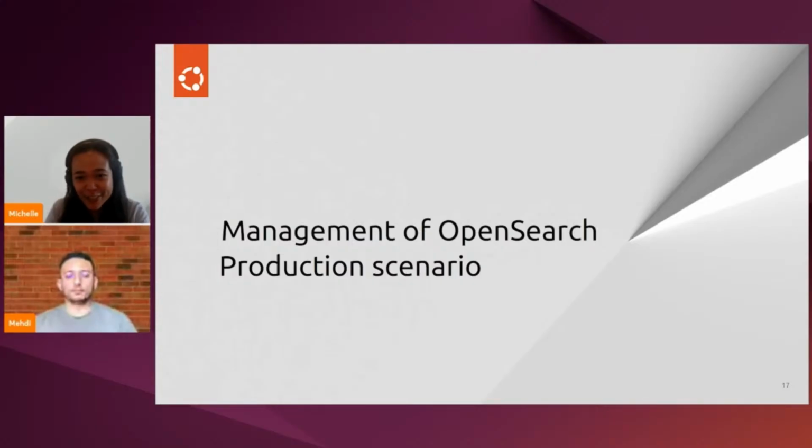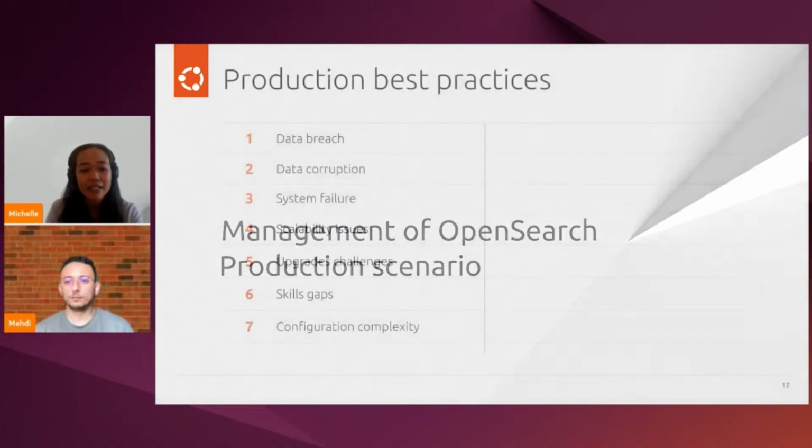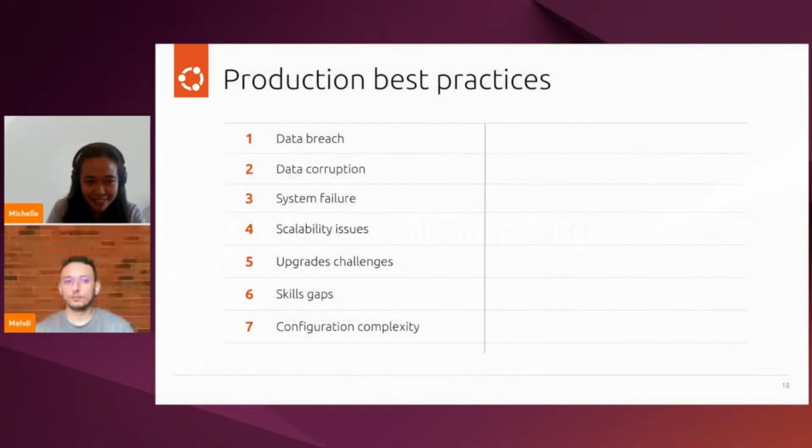So thank you, Mehdi, for the demo for both the OpenSearch search engine and the OpenSearch dashboards. And I think we have to consider that if we wanted to run OpenSearch in production, there are a lot of best practices or production scenarios that you might bump into. An example of that are these. There are 7 points here: data breach, data corruption, system failures, scalability issues, upgrade challenges, maybe skill gaps, and configuration complexity.